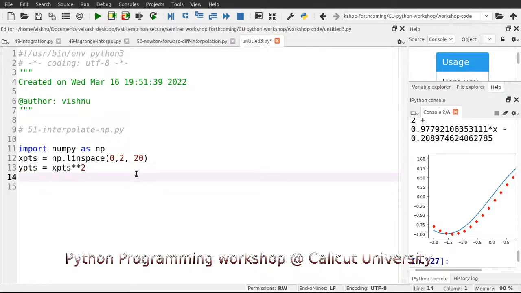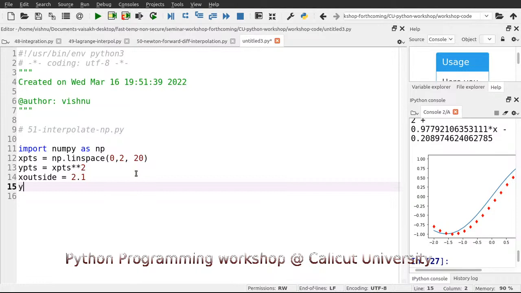Now suppose, let me find out the value corresponding to 2.1. So x outside equals 2.1. To find the value at x outside, using the x points and y values, we just need to take the interp function.